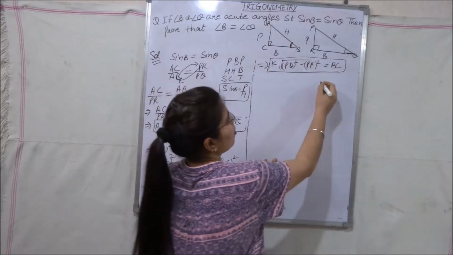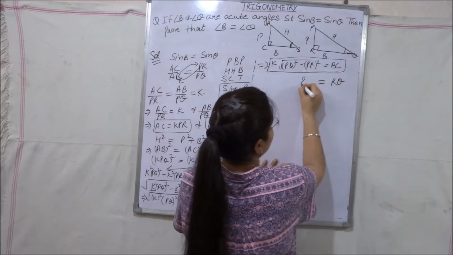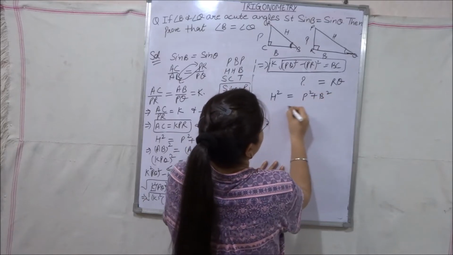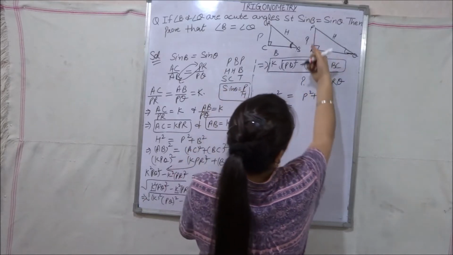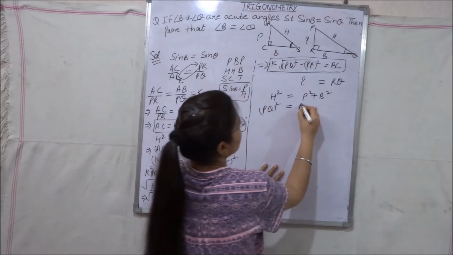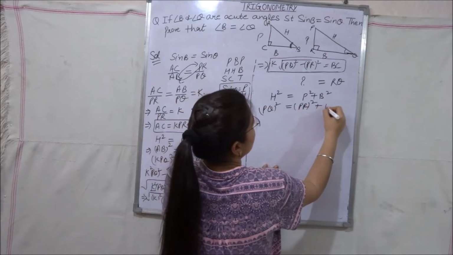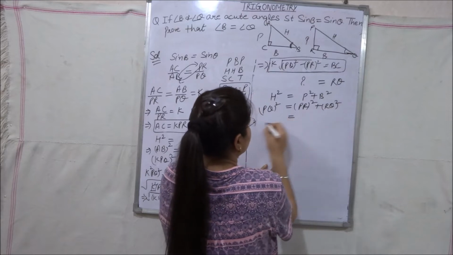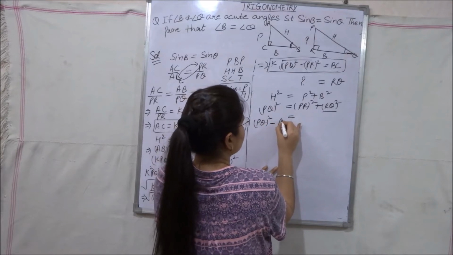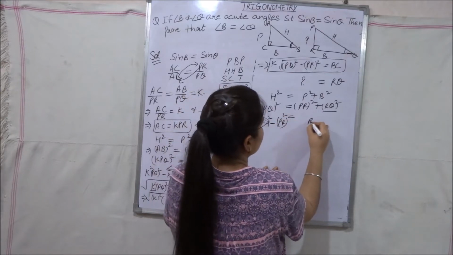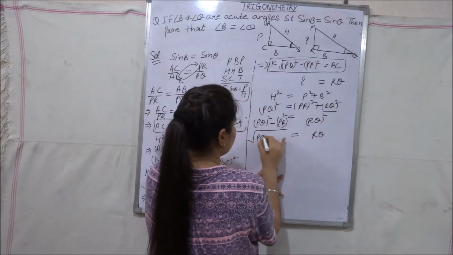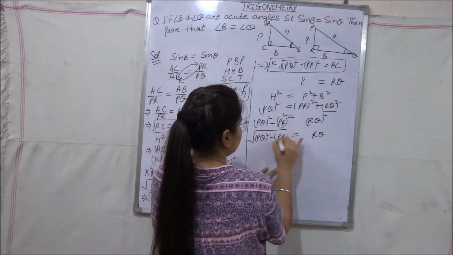Now we will find the value of RQ by Pythagoras theorem, that is h square equal to p square plus b square. Now h in triangle PQR: PQ square equal to PR square plus RQ square. Now the value of RQ square is PQ square minus PR square. So RQ is under root of PQ square minus PR square.